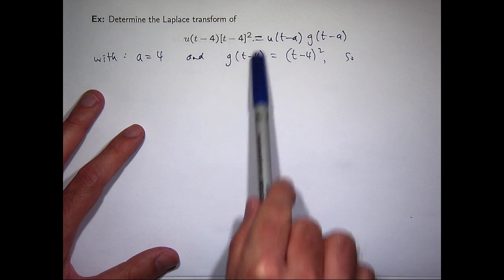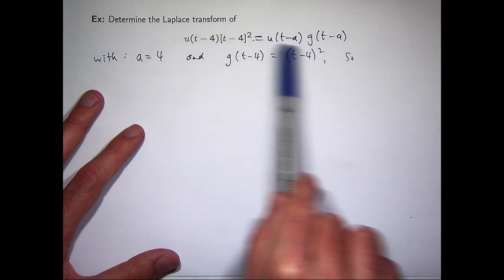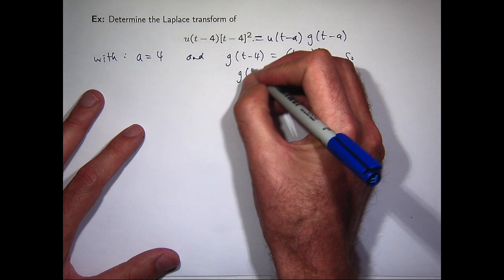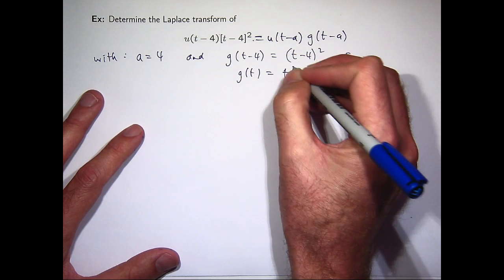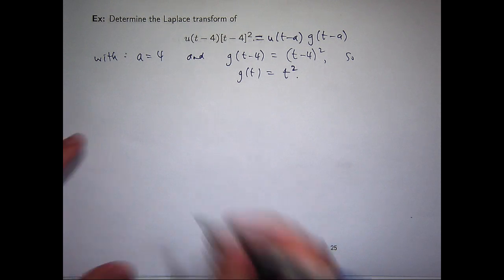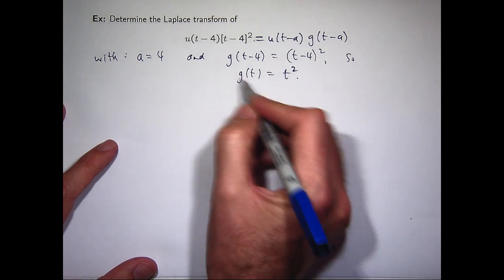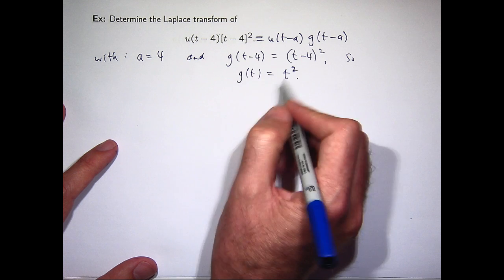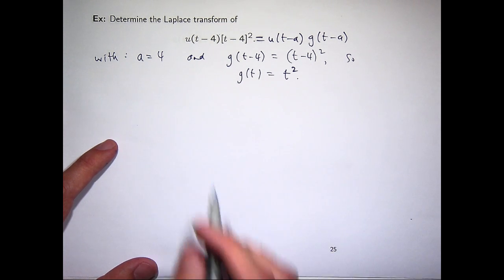So if I just replace t minus 4 in brackets here with t, I'll get t squared. All right, so we've got that. What we want to do is calculate the transform of g of t and then multiply through by the exponential function.